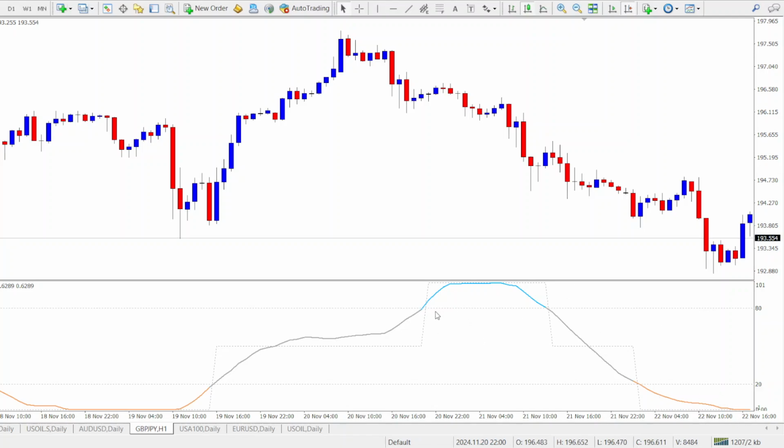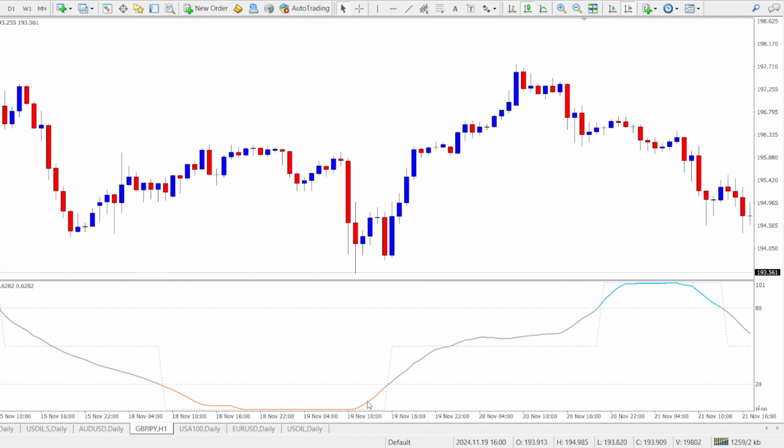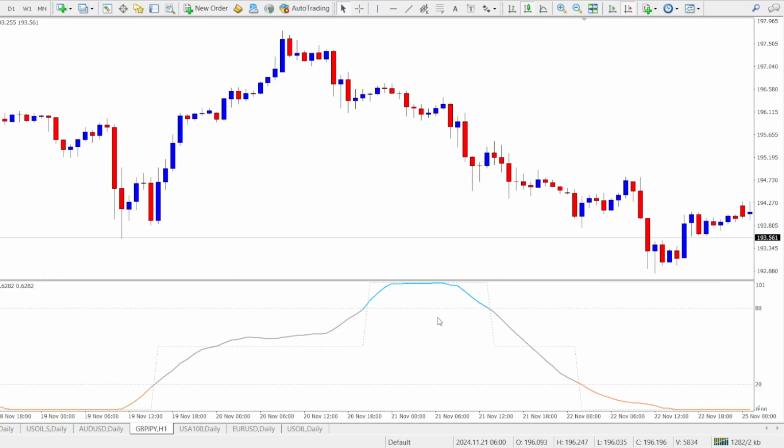So when the indicator is above the 80 level, it shows an extreme upper level and there is a possibility of a bearish reversal. And when you have the indicator in the extreme lower level, it shows the possibility of a bullish reversal.